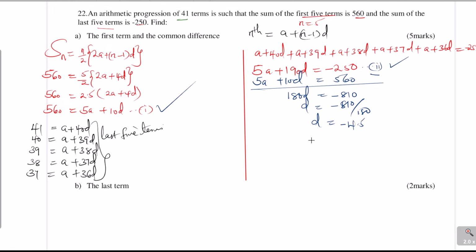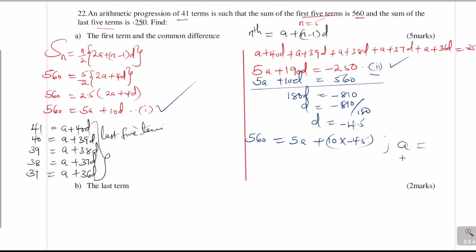Then from there you simply substitute this value of d in any of these equations. I will substitute it in the first equation. The first equation is 560 is equal to 5a plus 10d. d is negative 4.5. So now from here you can get the value of a.